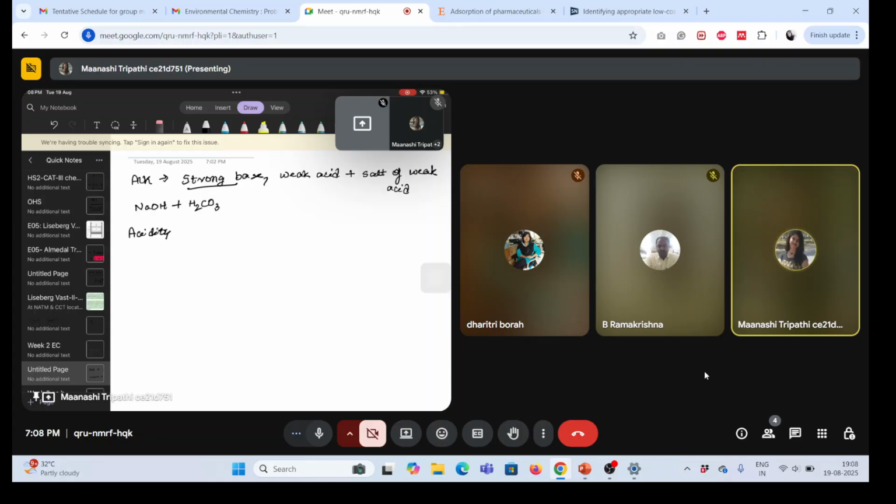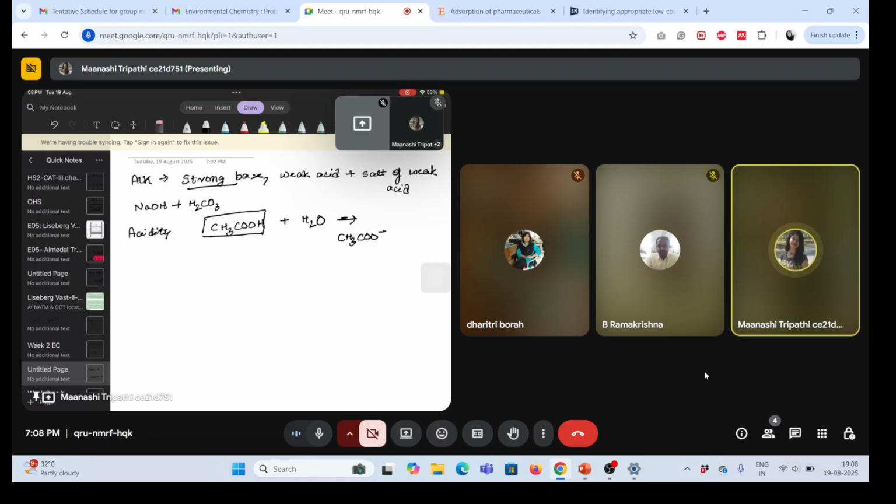If the weak acid is there and a strong acid is reacting with it, and after being in solution the H plus goes away, we will get CH3COO minus.